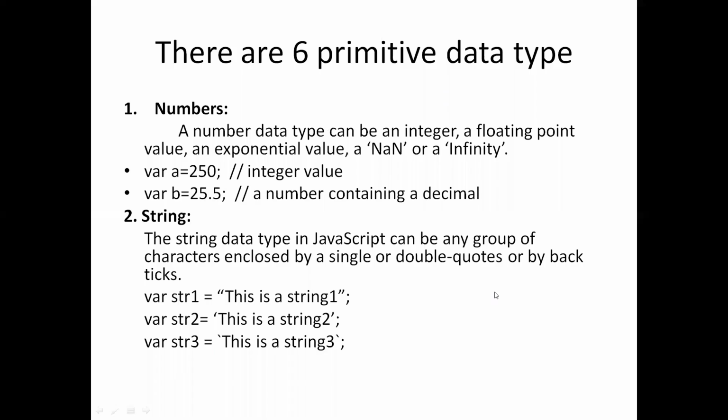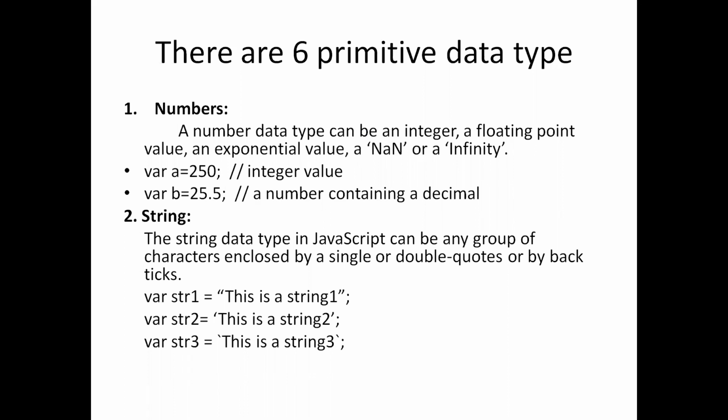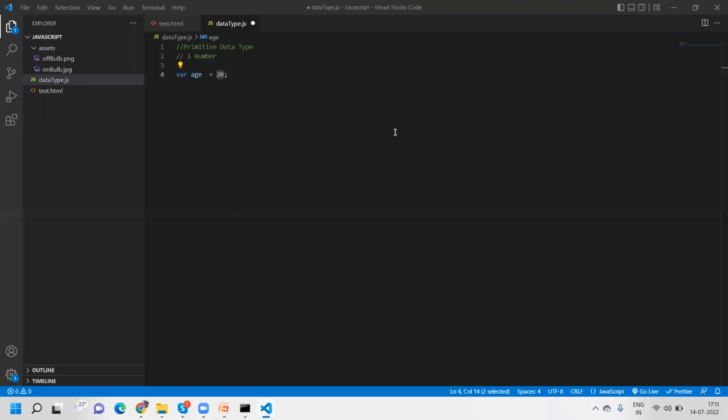As you can see in our PPT, a number data type can be an integer, a floating point value, an exponential value, NaN, or infinity. Inside the number data type, we have integer values. Whatever integer value we have, we know as a number data type. You can also declare floating point values.